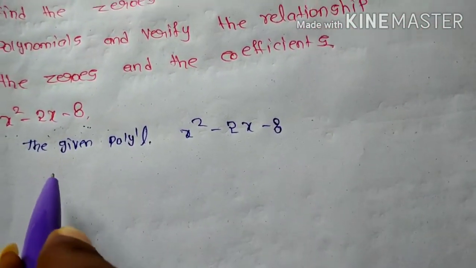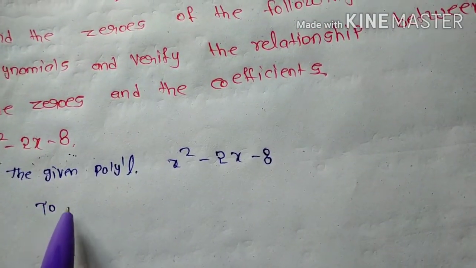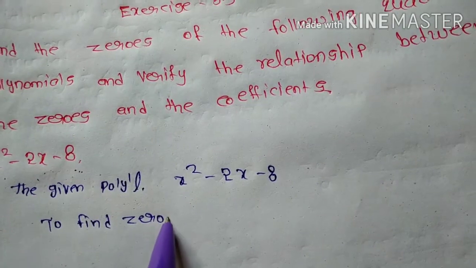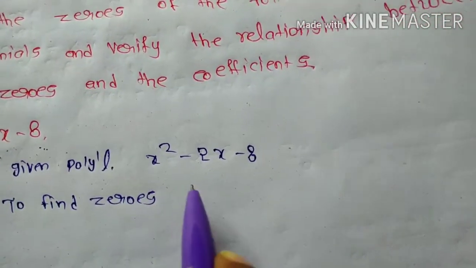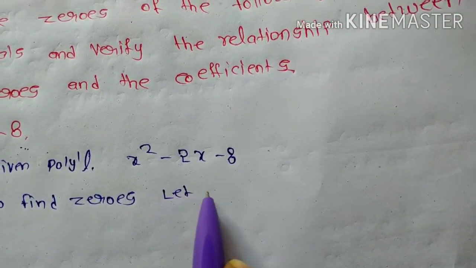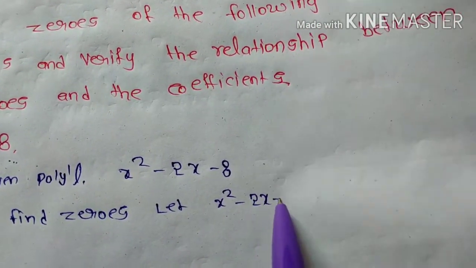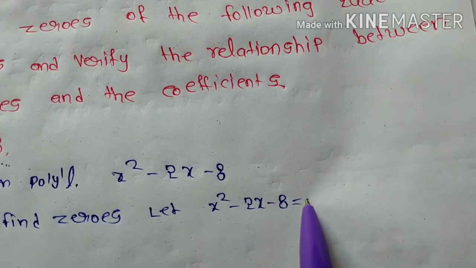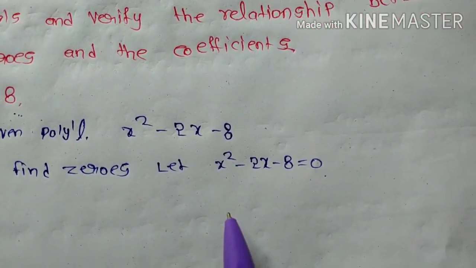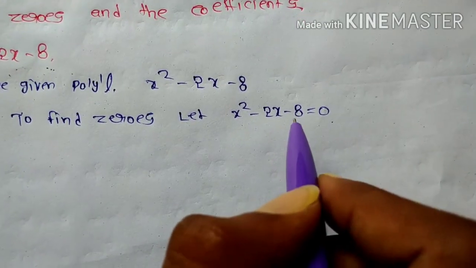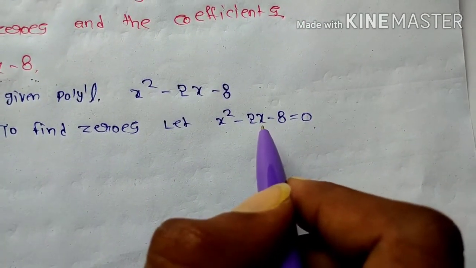You know that to find zeros, let x square minus 2x minus 8 is equal to 0. We should equate to 0, and then you can find the zeros of the polynomial.